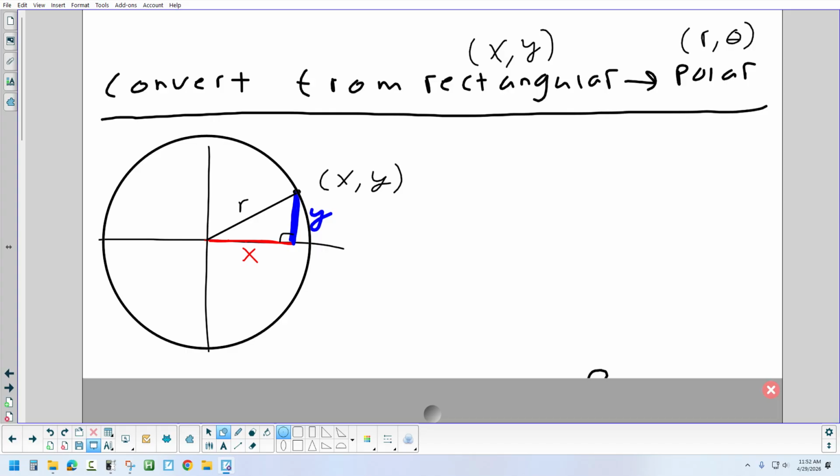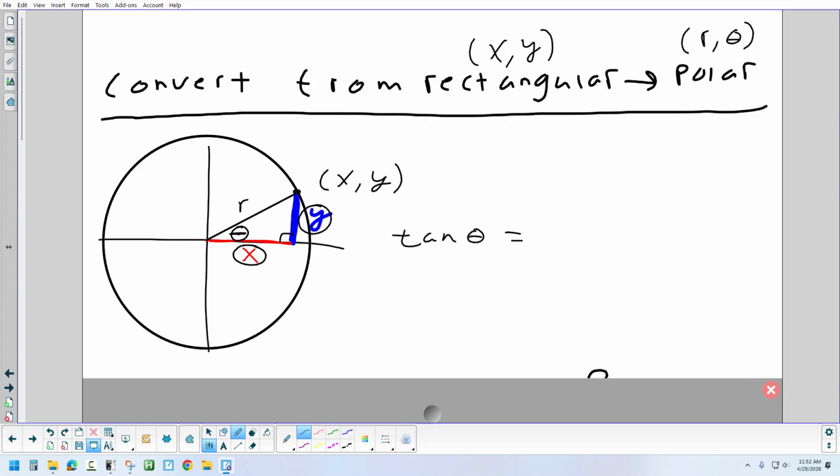So when you're finding r, one formula we'll need to use is Pythagorean theorem. Here's my angle. How would you find that angle if you knew this side and you knew that side? What trig function? Tangent. We're going to need tangent.